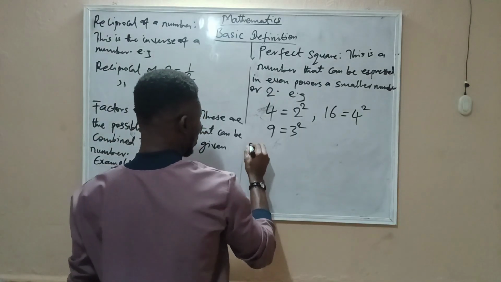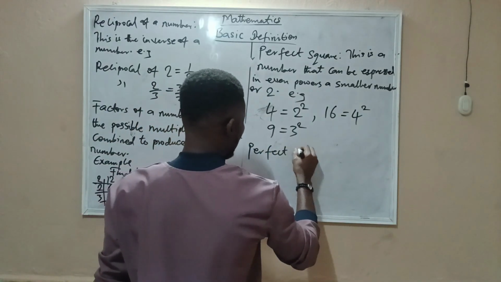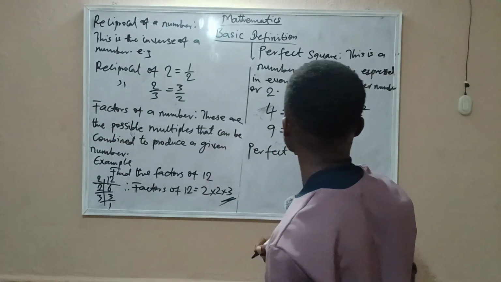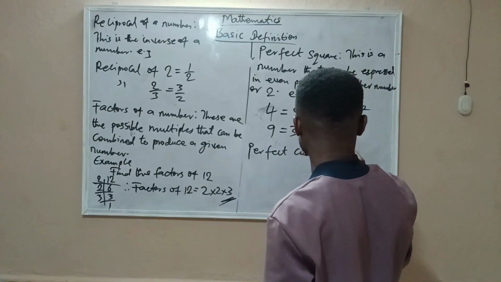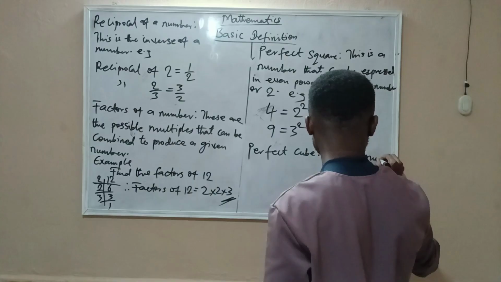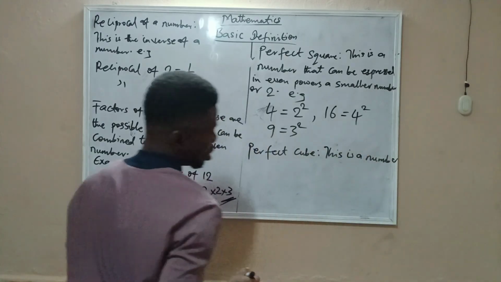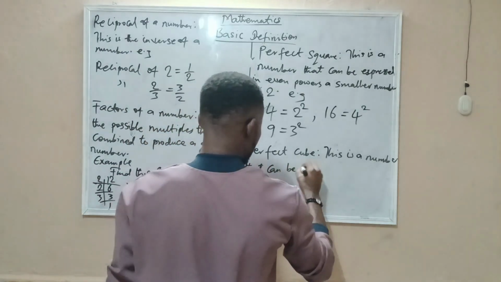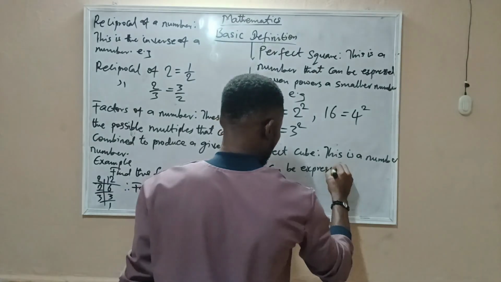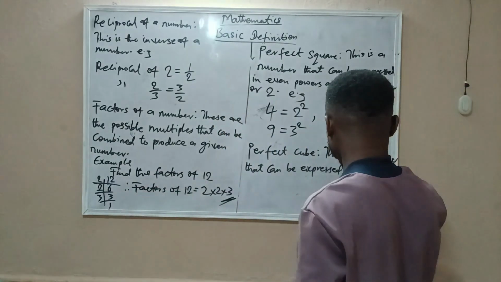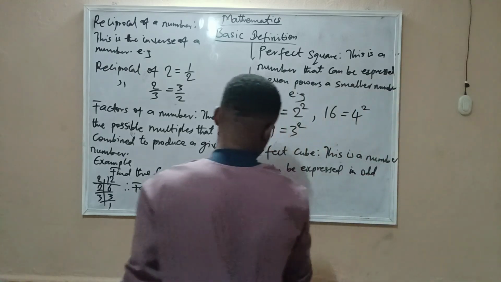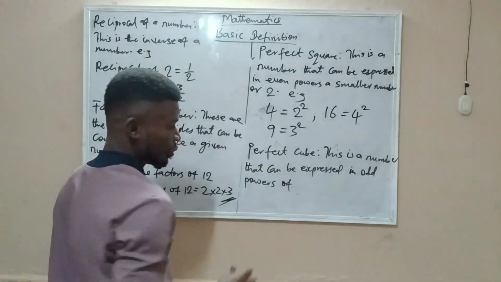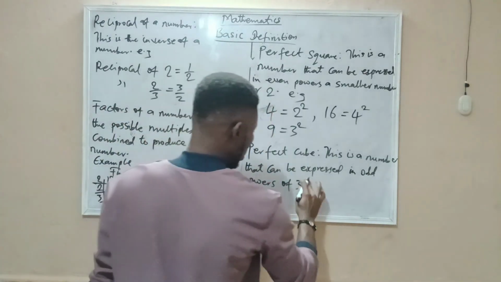Another one is a perfect cube. This is a number that can be expressed in odd powers of 3.